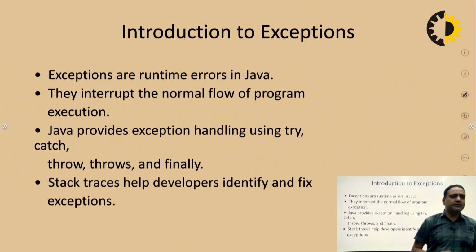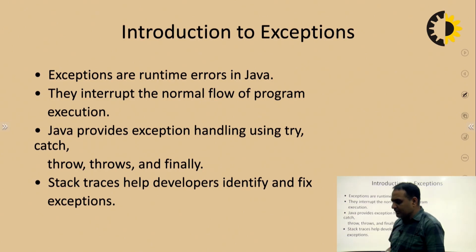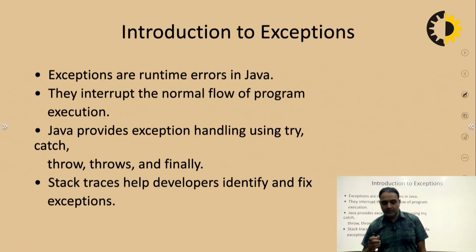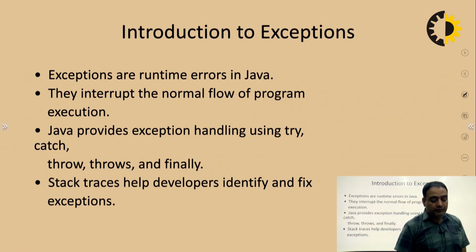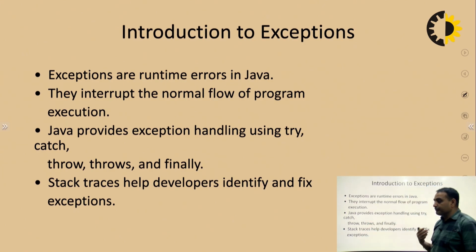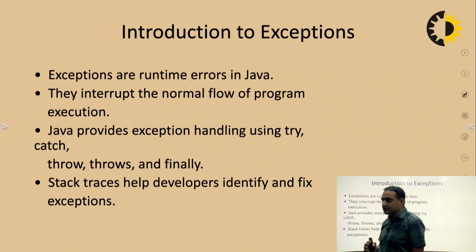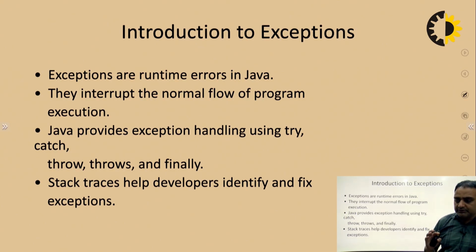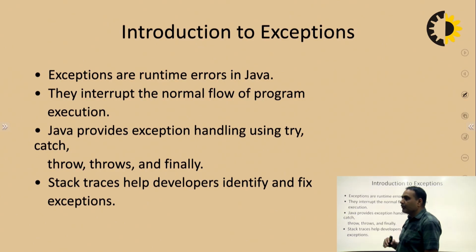Stack trace helps developers identify and fix the exceptions. If any exception occurs, how can you find out what the exception is? In which method is the exception, what is the method name, within which class is the method written, and if your class is stored in a file, what is the file name?